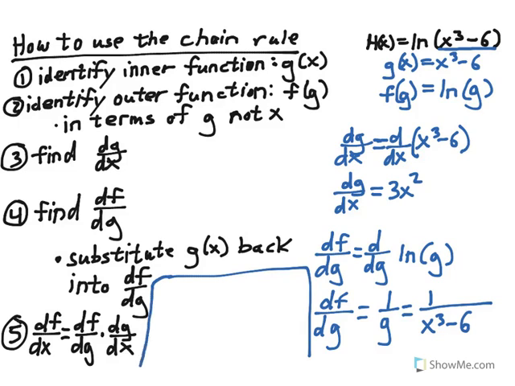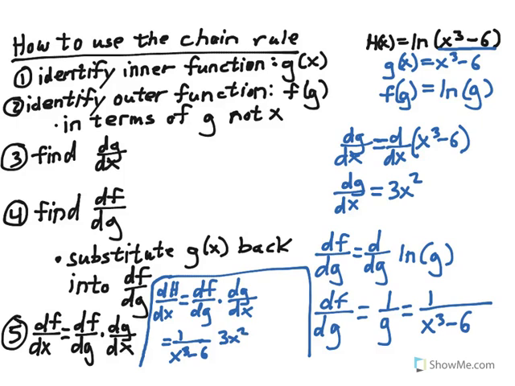Alright, so dh/dx is going to be the same thing as df/dg times dg/dx. Okay, df/dg, that's 1 over x cubed minus 6, and dg/dx is 3x squared.